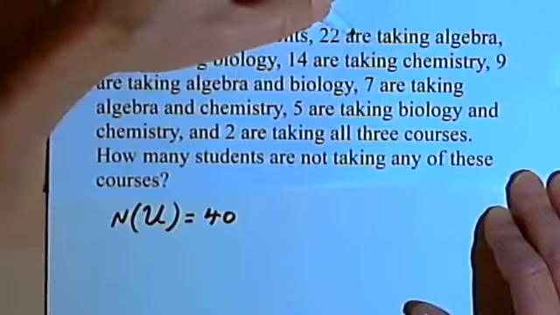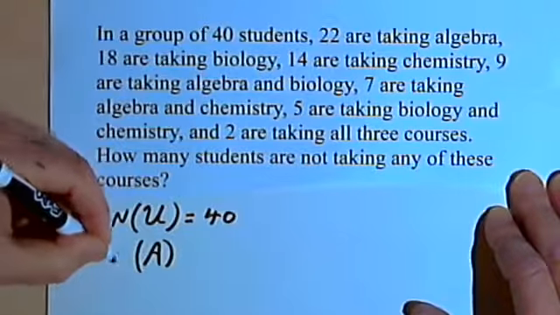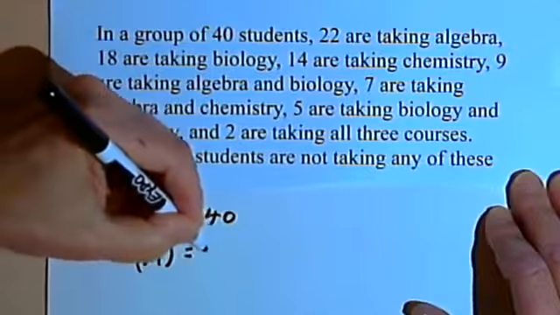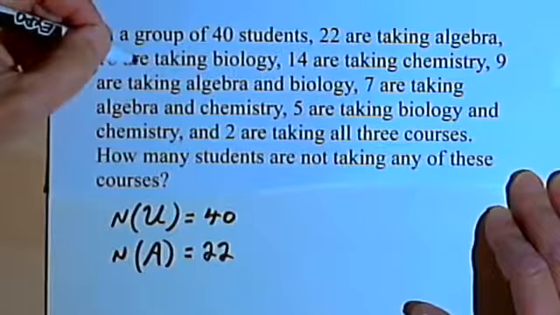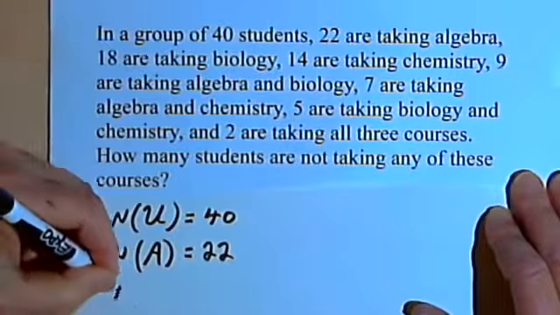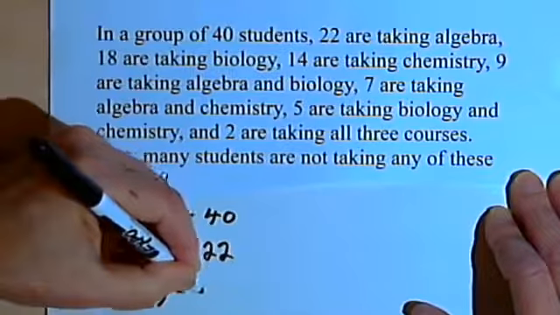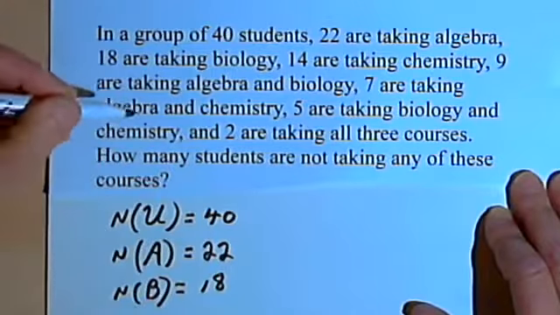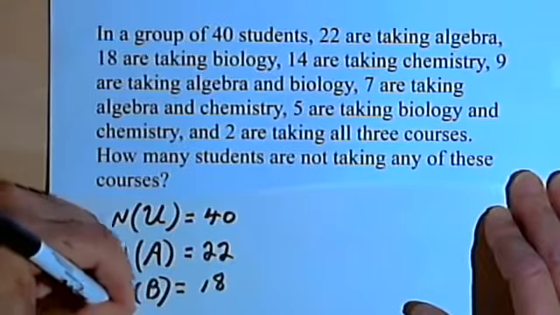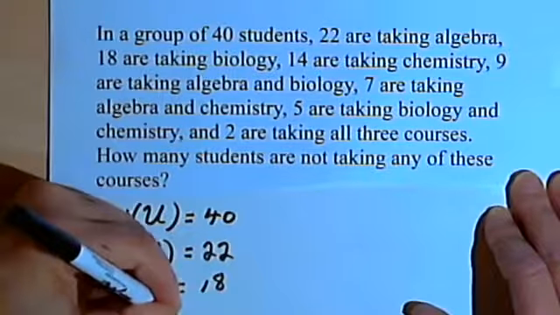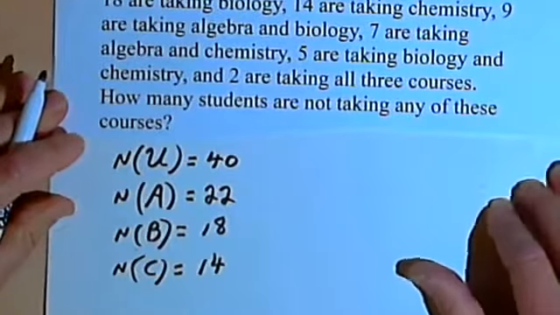There are 22 students taking algebra, so we'll use an A for the set of students in algebra, and the size of that set is 22. 18 are taking biology, so the size of set B is 18. 14 are taking chemistry, so that's going to be set C, and that has 14 students.